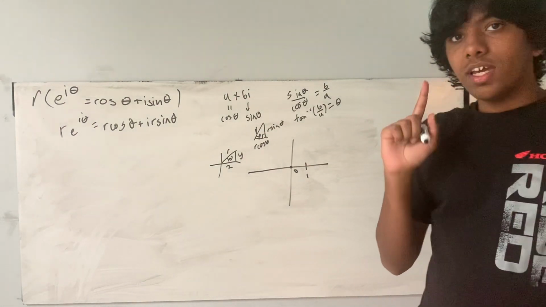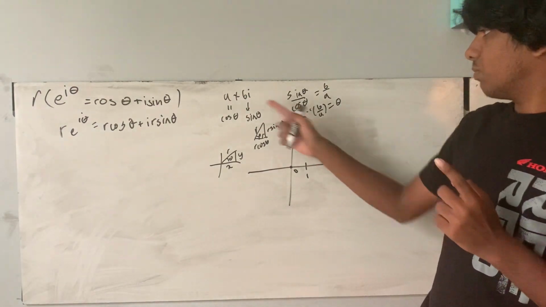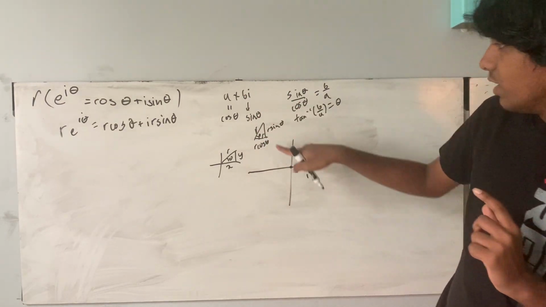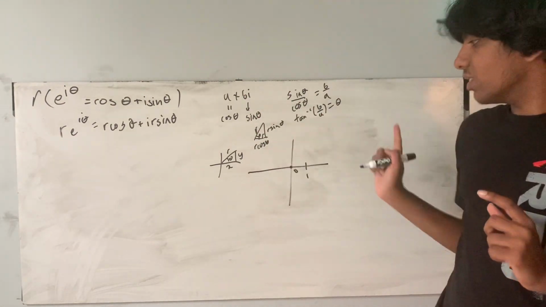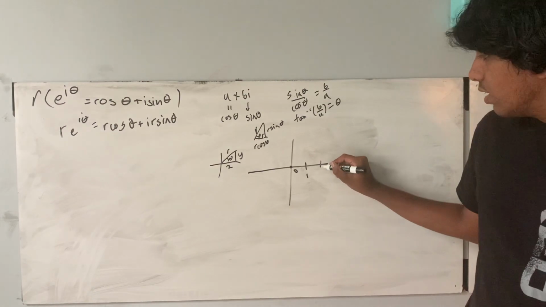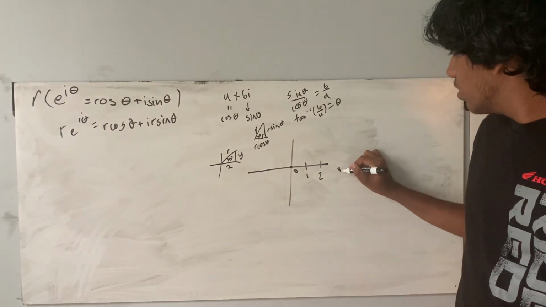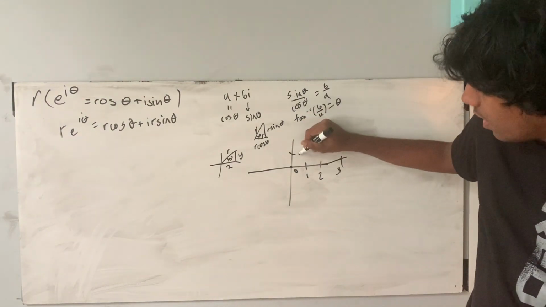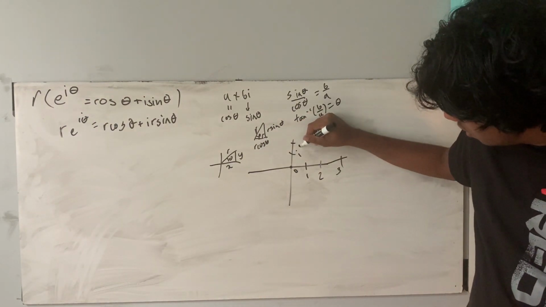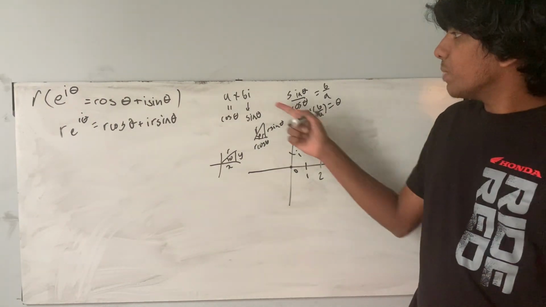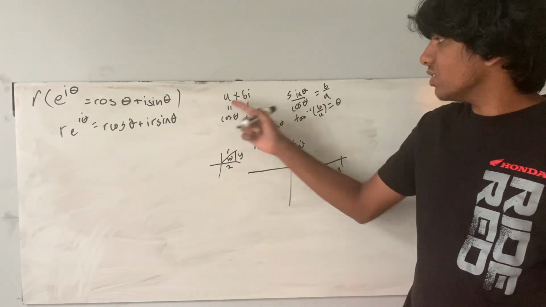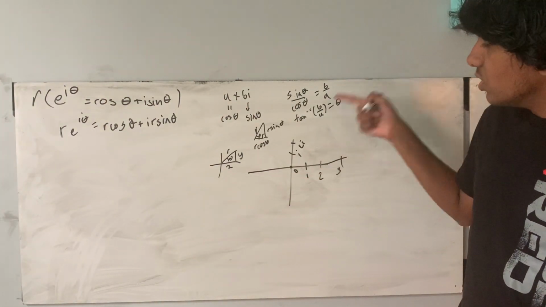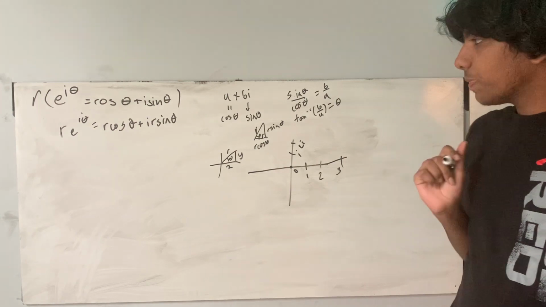If x is 0, this one is 0, right? Not moving up any, we're just moving to the side. This is 1, 2, 3, right? Likewise, this would be i, 2i, right? Because this is your y direction, this is your x direction. So this is your moving up and moving to the right.